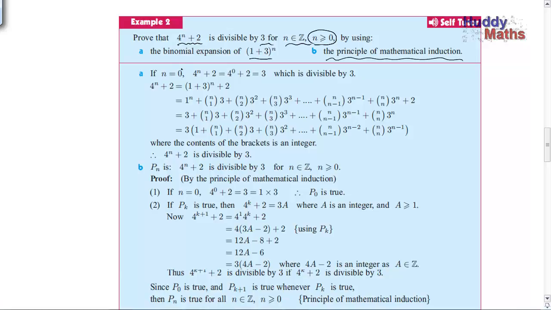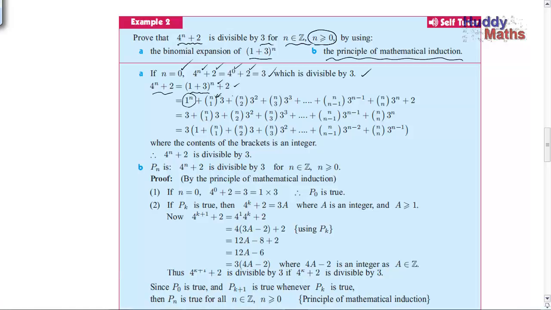So if n is 0, go back up here. 4 to the n plus 2 is 4 to the 0 plus 2, which is 3, which is divisible by 3. So I like to put case n equals 0 there. You can please yourself there. Now let's use the idea that 4 is 1 plus 3, to the n. And with a binomial expansion, it's the first term to the nth with no 3.